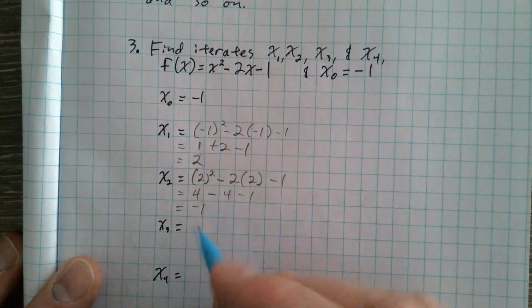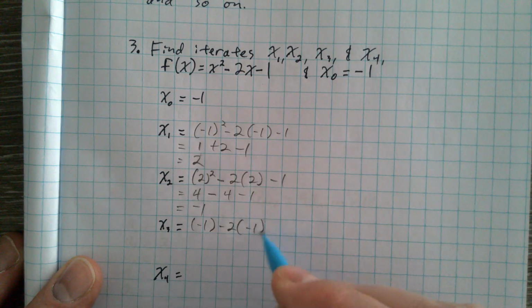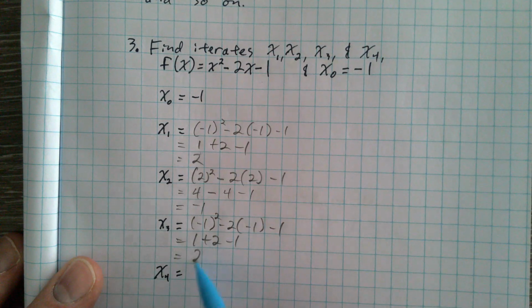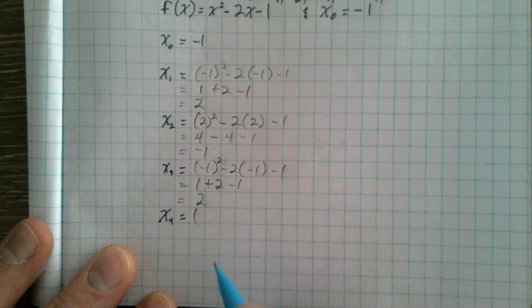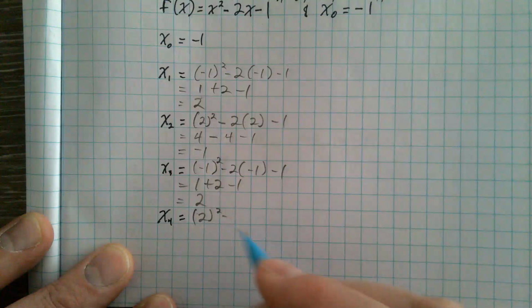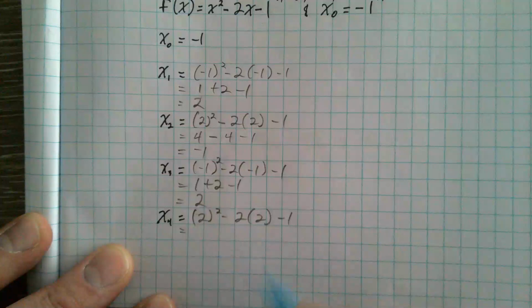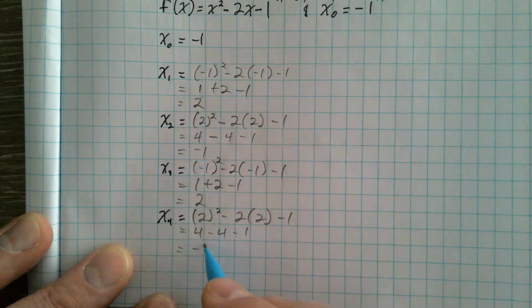Plugging our negative 1 back in, negative 1 squared minus 2 times negative 1 minus 1. So this gives us 1 plus 2 minus 1, which equals 2. Plugging our x3 in to find x4: 2 squared minus 2 times 2 minus 1 equals 4 minus 4 minus 1, which equals negative 1.